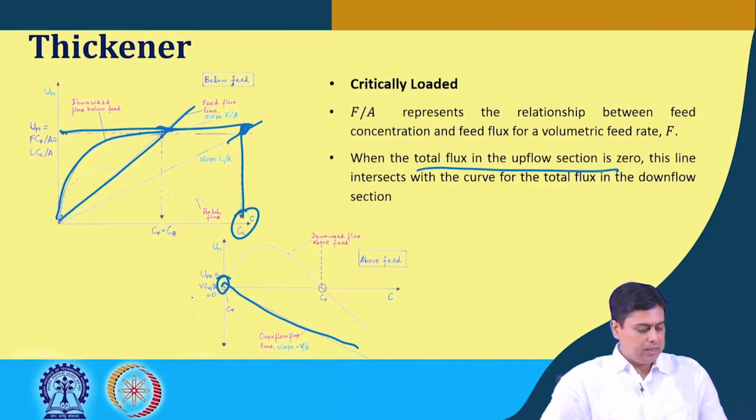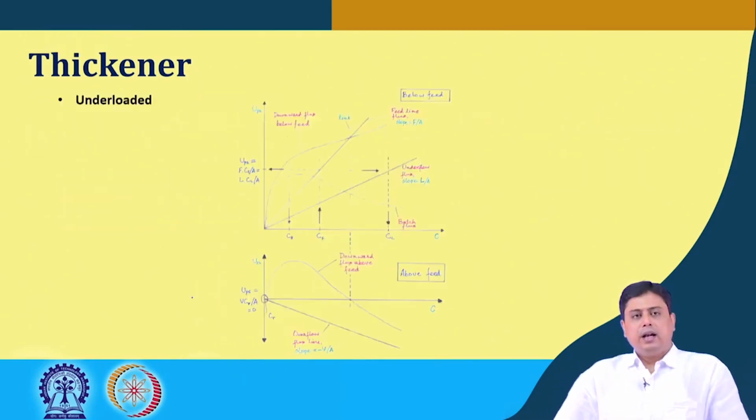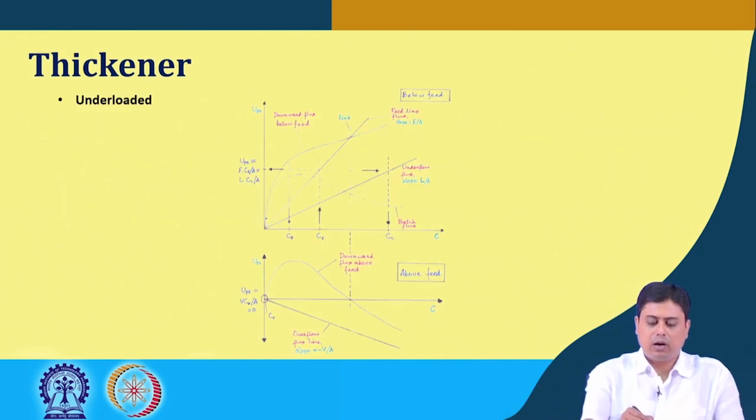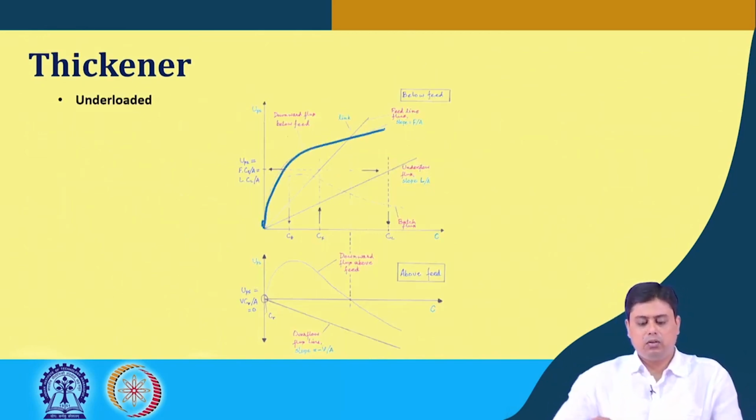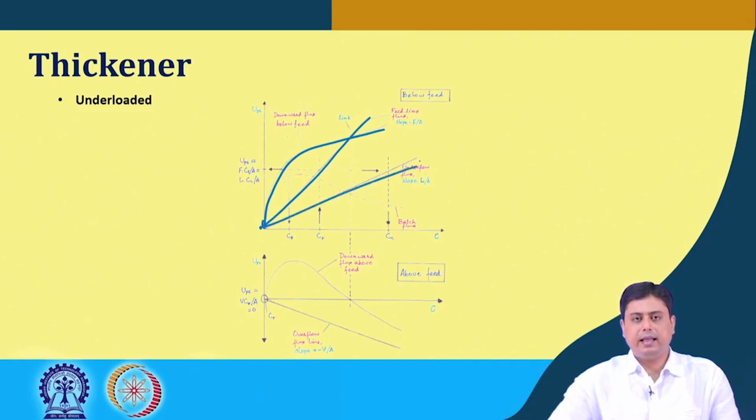So, in the underloaded condition, what would happen? This is our downward flask below the feed. This is the F by A line, this is the L by A line, and this is actually the critical point.